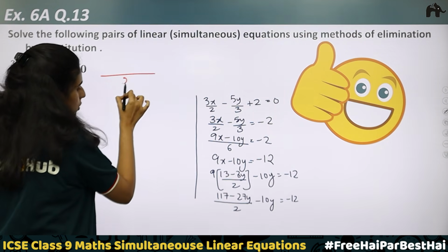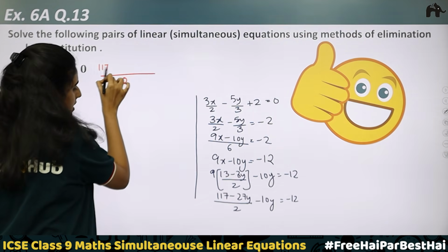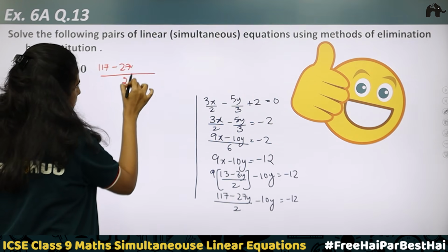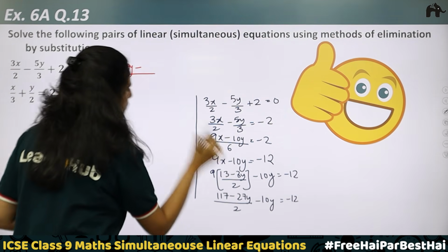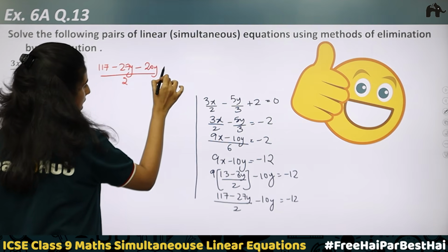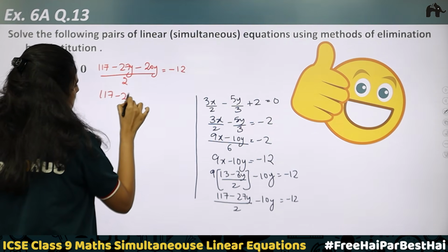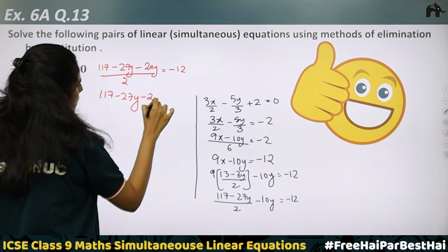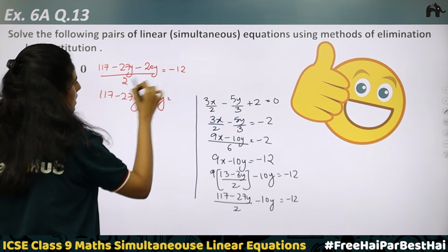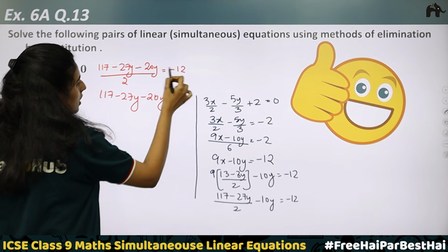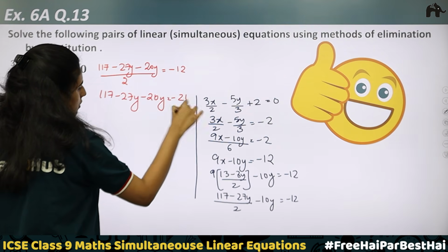Denominator you will be getting 2. Numerator 117 minus 27y minus 2 into 10, 20y is equal to minus 12. So 117 minus 27y minus 20y is equal to minus 2 into 12, that is minus 24.